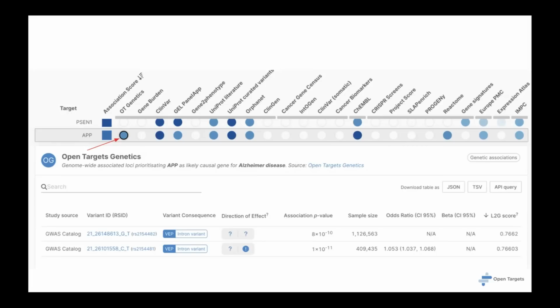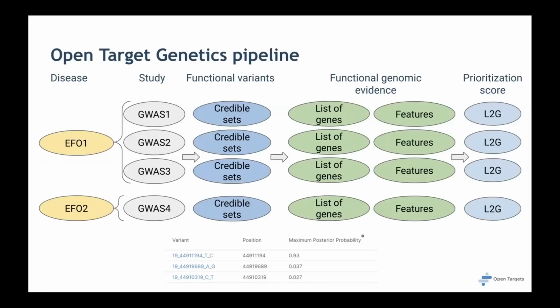So how do we actually work with GWAS data in our platform? This is probably the main slide in this presentation. It's kind of a difficult one. We have 5 different edges of information about how we actually represent the GWAS information. It all starts from basically the disease.